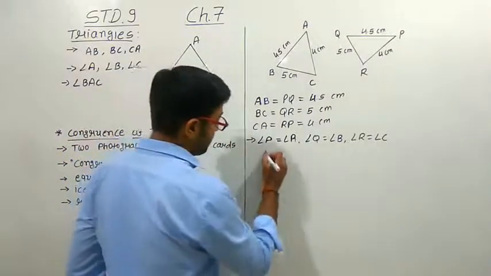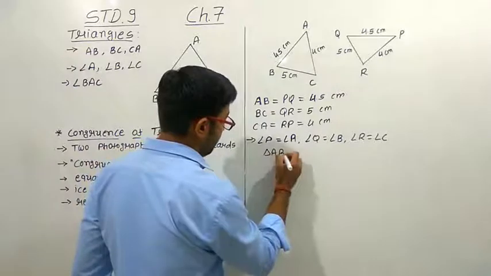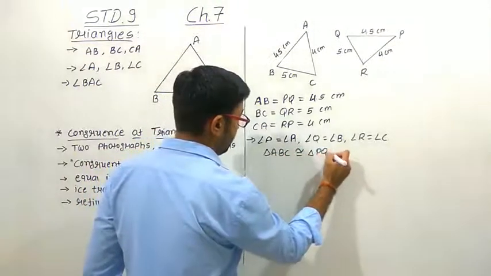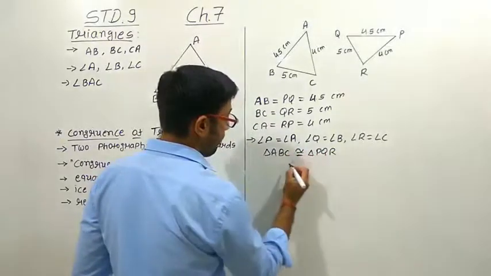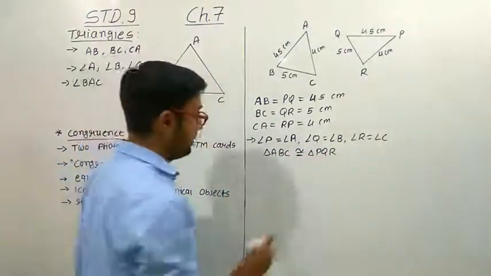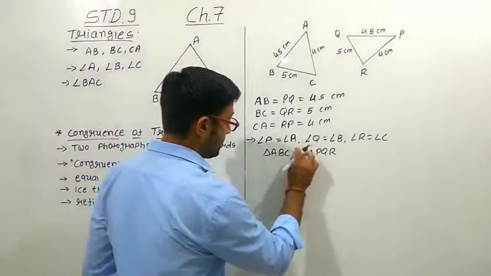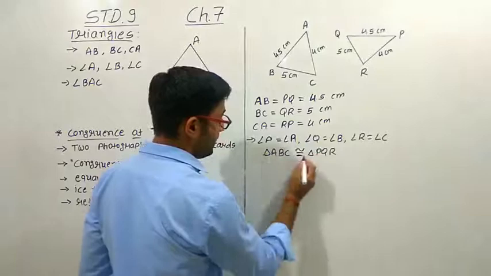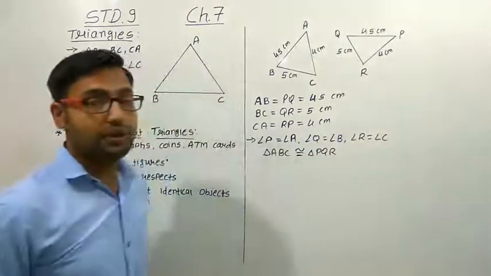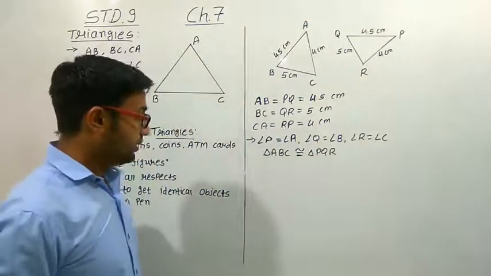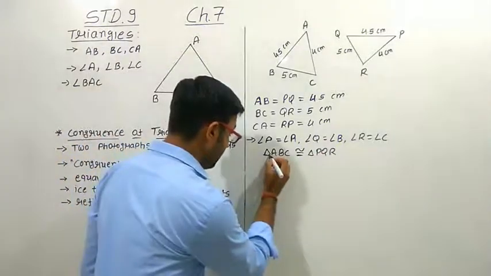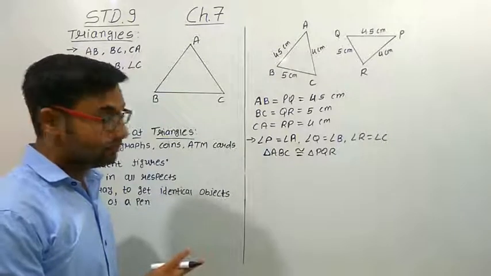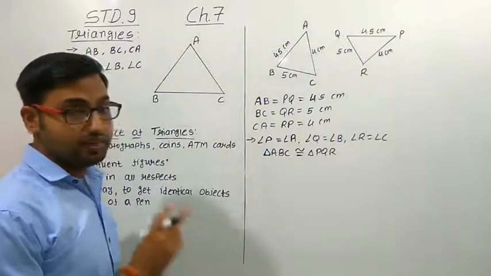We can represent it as triangle ABC is congruent to triangle PQR. This is the symbol of congruency. We can read it as triangle ABC is congruent to triangle PQR. Right? One thing we have to consider is that whatever the name we write here, the respective sides and angles must be equal.